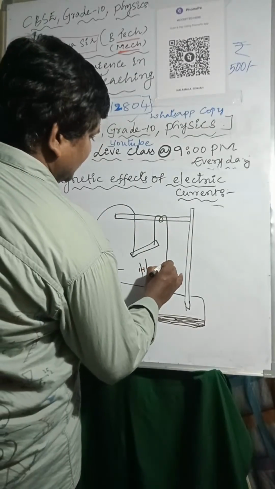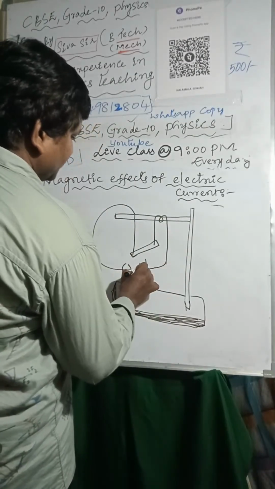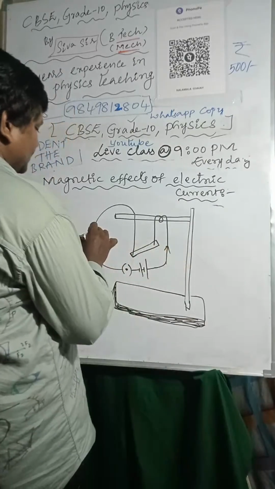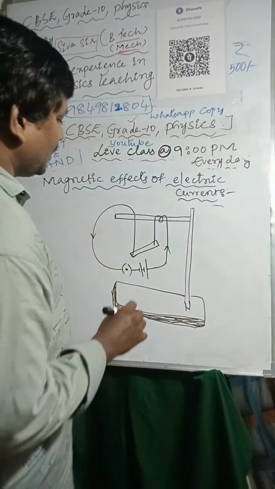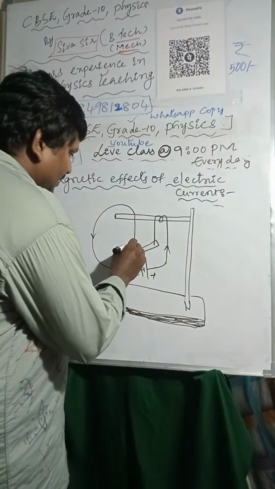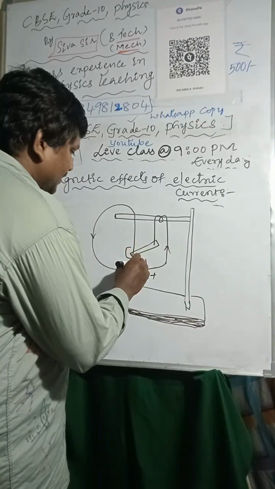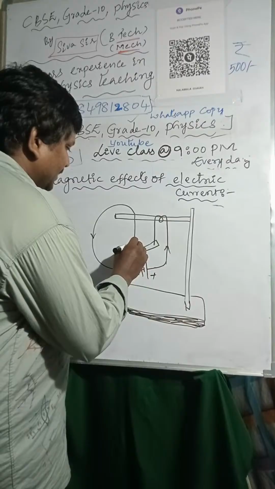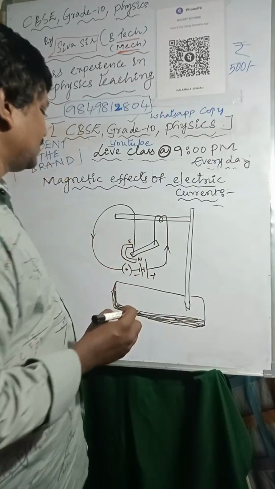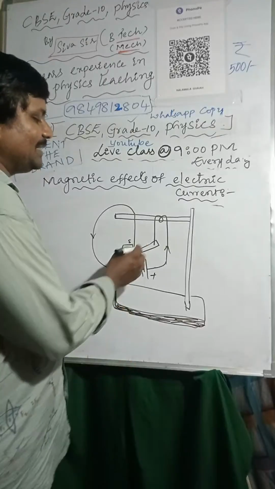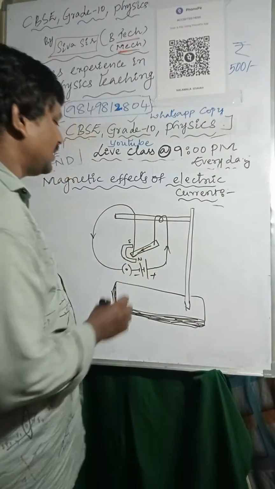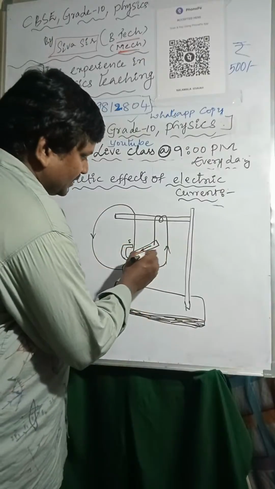Current is passing like this. Switch. Positive terminal, negative terminal. I'm placing the magnet here. This is north and this is south. Actually, if the current is passing in the conductor, the current direction will be like this.